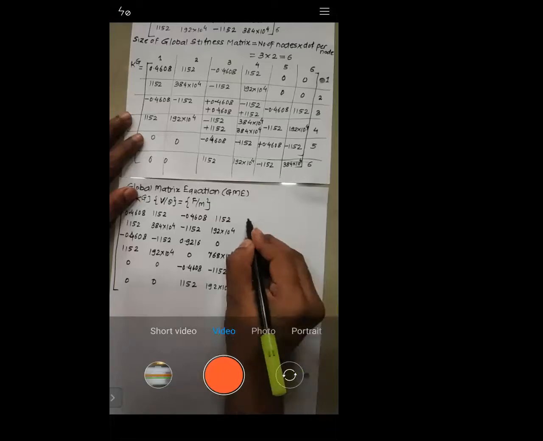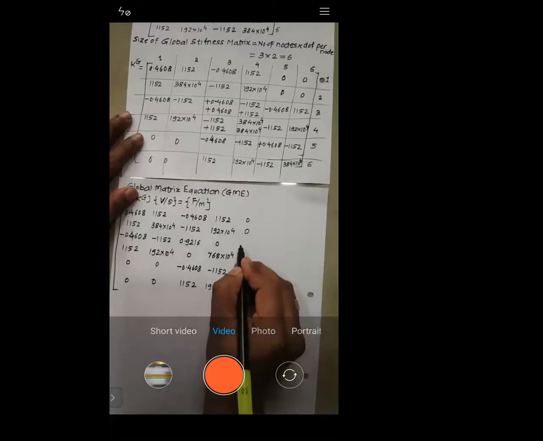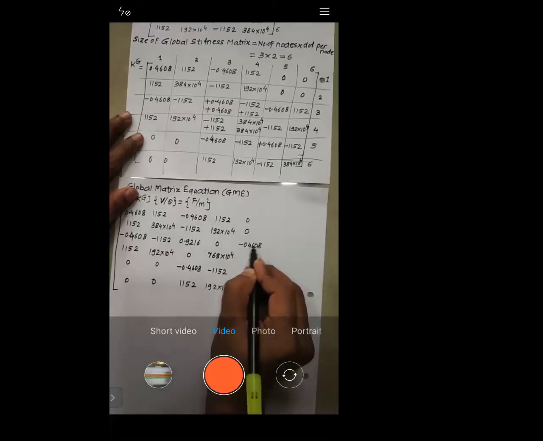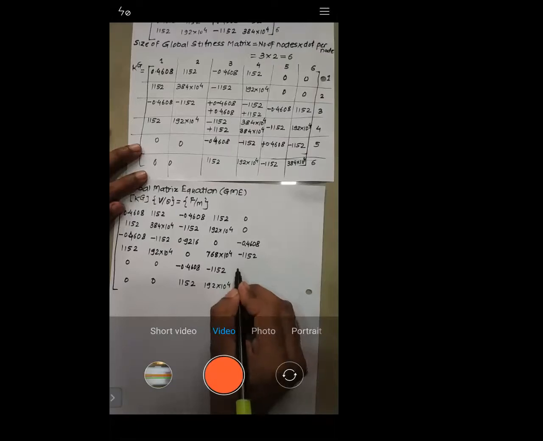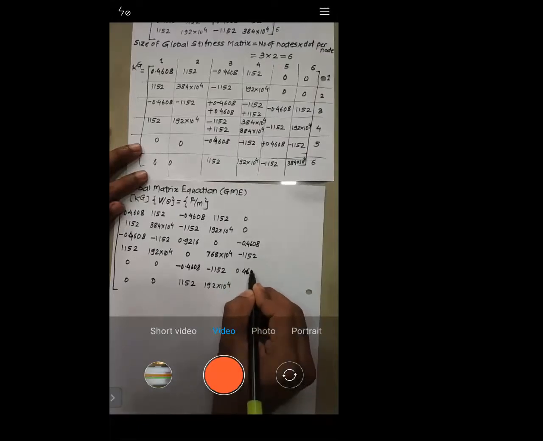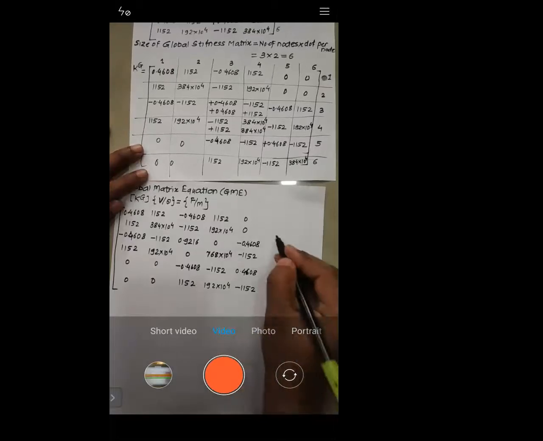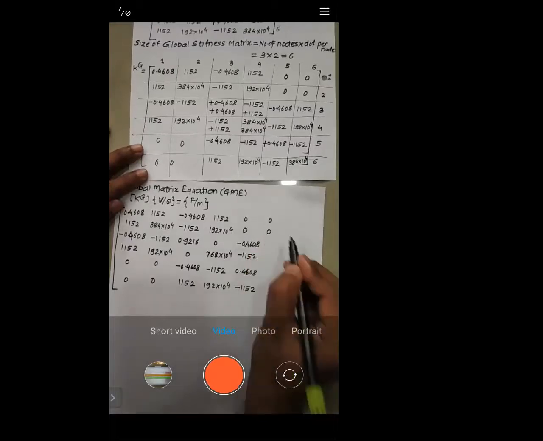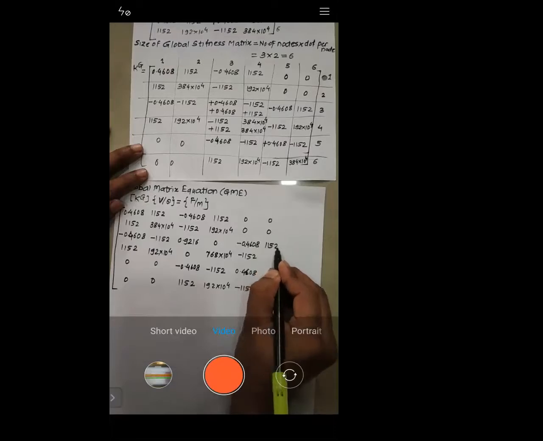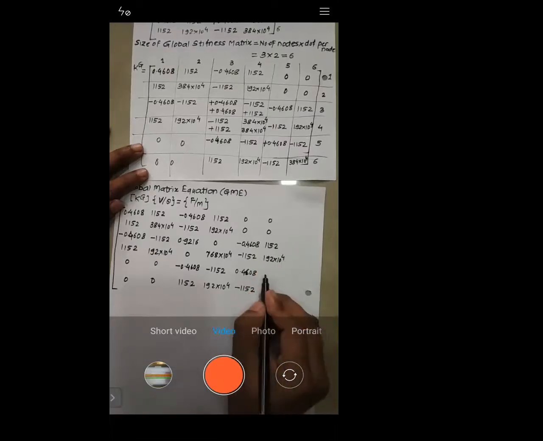Then here we have 0, 0, minus 0.4608, minus 1152, then 0.4608, minus 1152. Then here we will get 0, 0, 1152, 192 into 10 raised to power 4, minus 1152, and 384 into 10 raised to power 4. Is it okay?